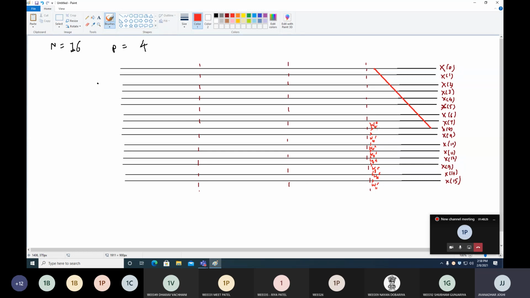And from this a signal will go like this. This will make capital X of 0. And in between these 2 points I need to put -1. Similarly -1 here, -1 here, -1 here.